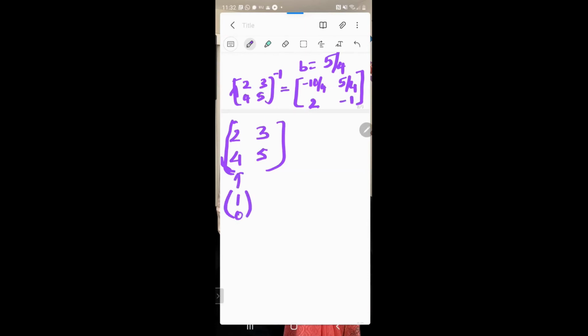My unit vector along x-axis went here. My unit vector along y-axis went here. That's what this matrix represents, right? Is that clear?